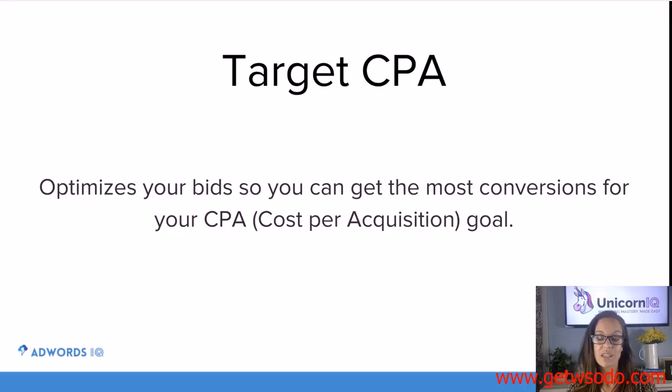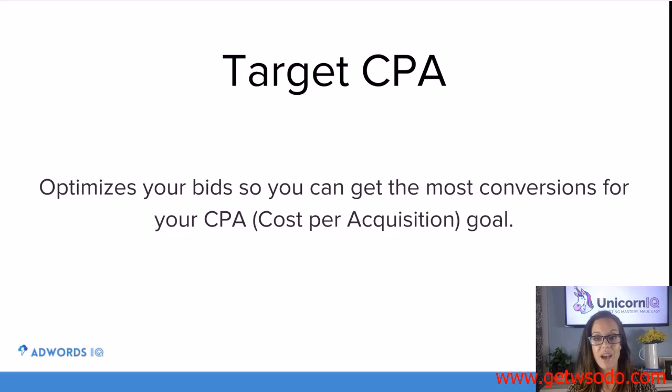So if this is a type of bidding strategy that you want to set up, first of all, you have to make sure you have conversion tracking in place. So you have to have that set up. You also need to have large volume keywords. So if you're running a campaign and you don't have high volume keywords, you have maybe a lot of small volume ones, it's not going to work very well.